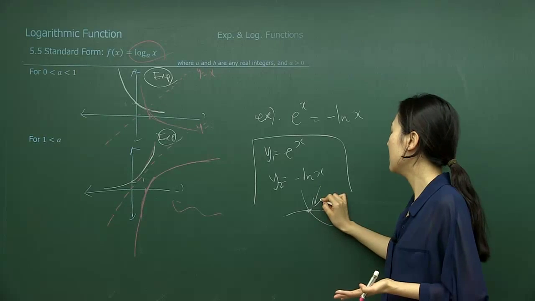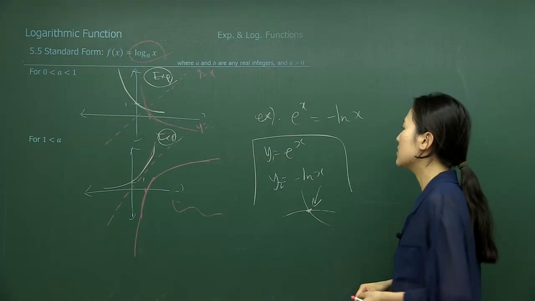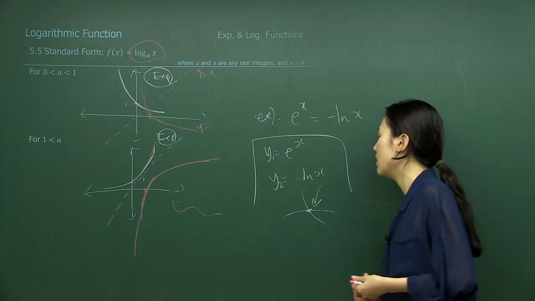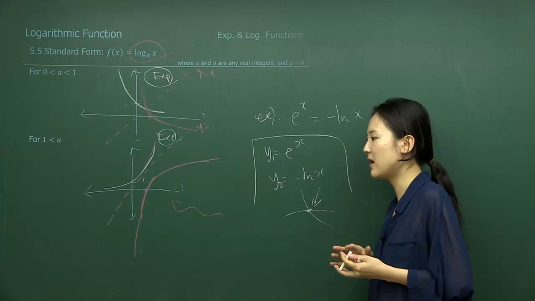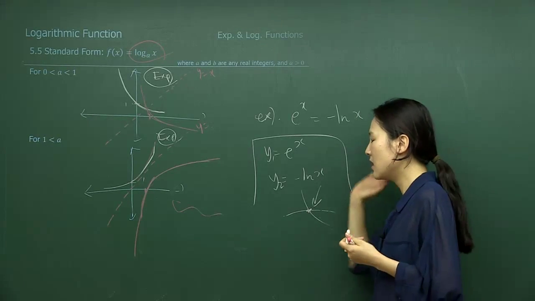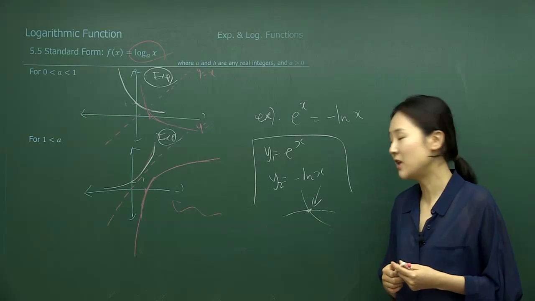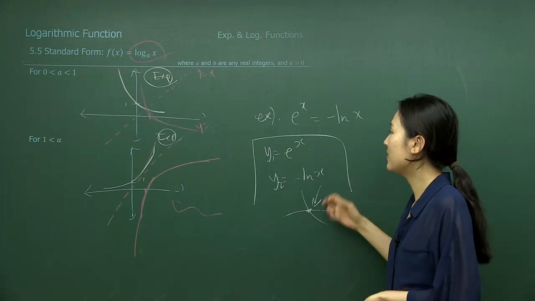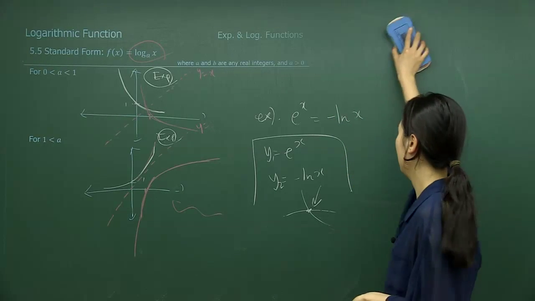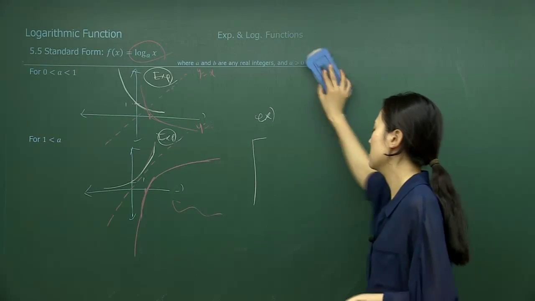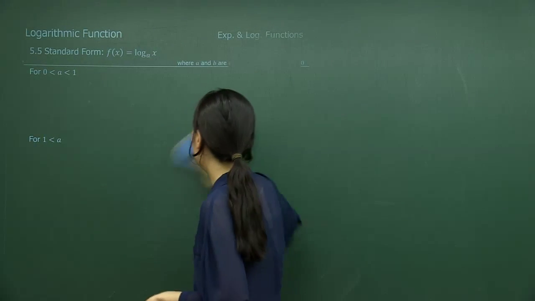Wherever they intersect, the intersection is the answer because they're equal to each other. So you don't really have to solve by hand when it comes to log or exponential related expressions. If you have a TI-89 or Inspire, then they will do it for you. If you have a TI-84, then you may graph them and look for the intersection. It saves you time and it's faster. That's good enough reason for why you should just graph it.